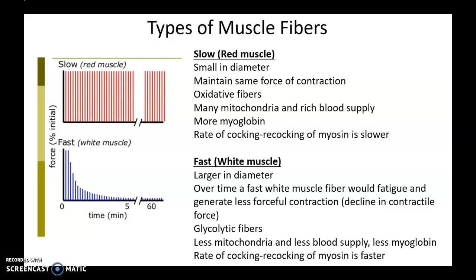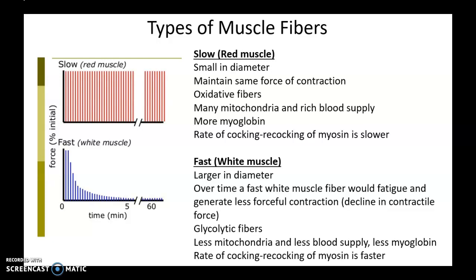So, slow red fibers maintain the same force of contraction. Fast white fibers get fatigued over time and generate less forceful contraction. That's a basic difference. Now, why is this? Slow red fibers are called oxidative fibers because they rely on oxidative phosphorylation to generate most of their ATP.